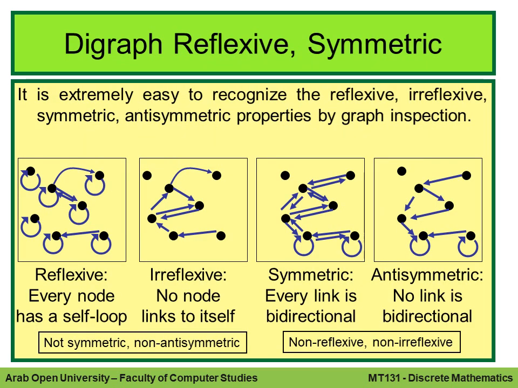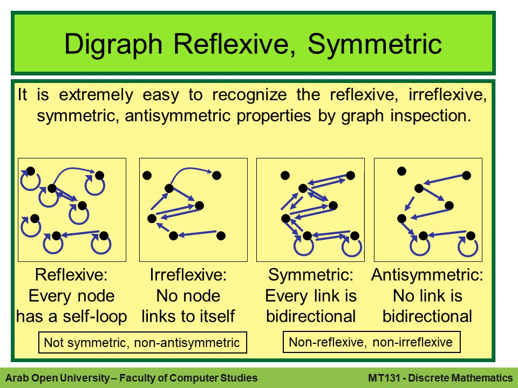You can tell some of the properties of a relation from the digraph. For example, if a relation is reflexive, then every node has a self loop. And the self loop will tell you that the element is related to itself. In a reflexive relation, every element is related to itself, so there will be a loop. Irreflexive means no node links to itself. That means you don't have any loops, because no element should be related to itself.